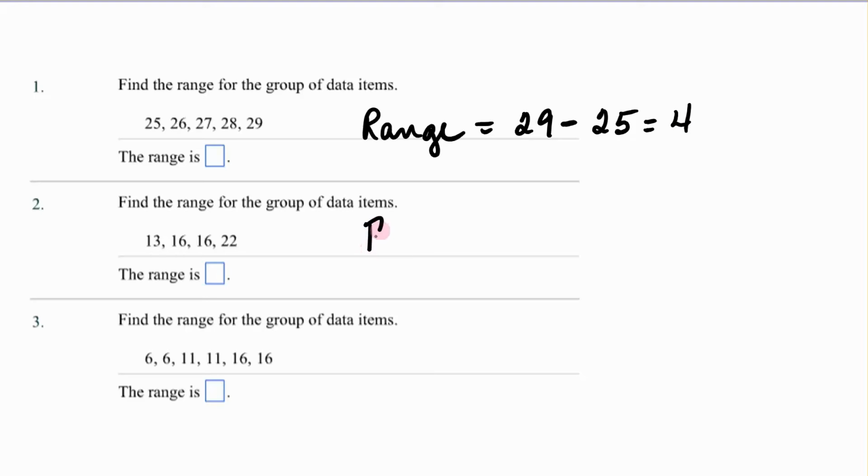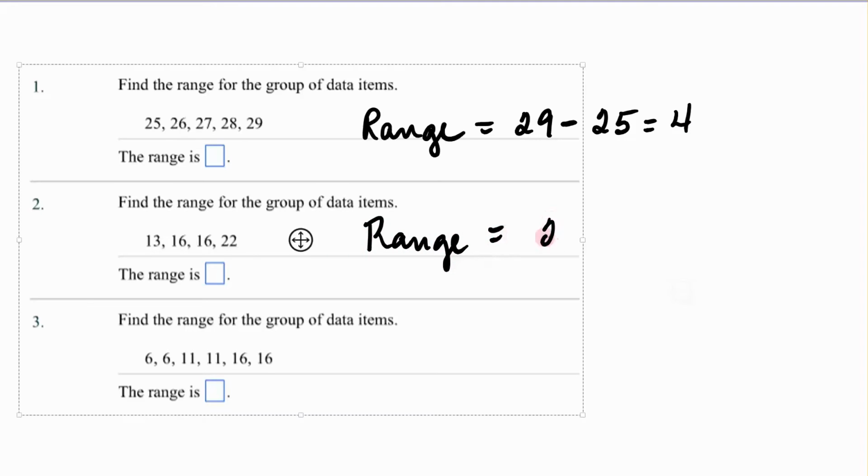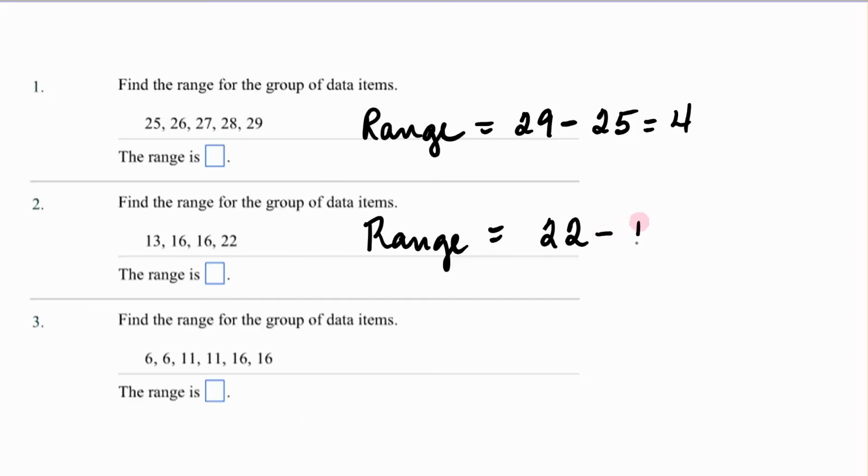Next one, the range is 22 minus 13, which gives us 9. The third one, even though there is some frequency here, that does not affect the range. The range is 16 minus 6, which is 10.